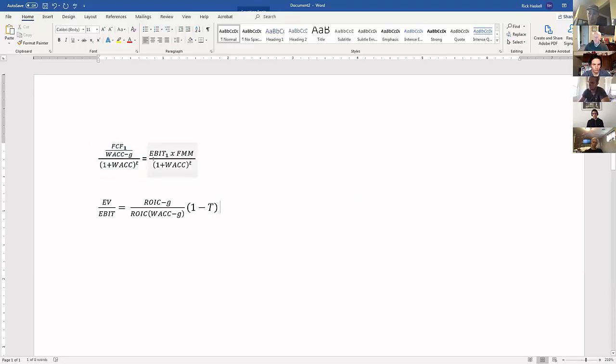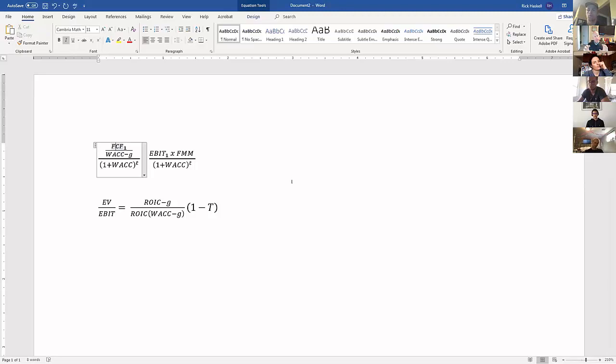I should be able to multiply each side of the equation by 1 plus WACC to the t, and that's going to get rid of these denominators. I'm not going to do that at the moment because of the way these equation structures work in Excel. What we're left with is free cash flow at time 1 divided by WACC minus G being equal to EBIT times the forward market multiple.